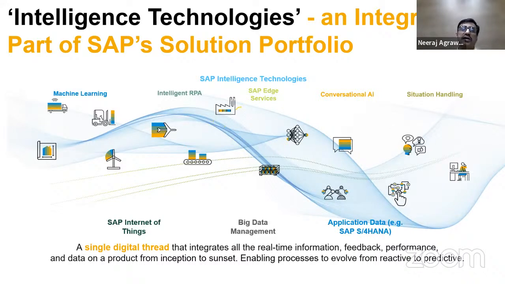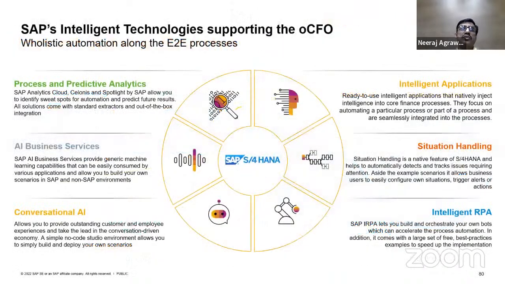These are not used individually, but in combination as a complete chain, which is bringing in end-to-end value. So how does an organization or a CFO or CIO gain value out of it? This is what we have also been discussing throughout.